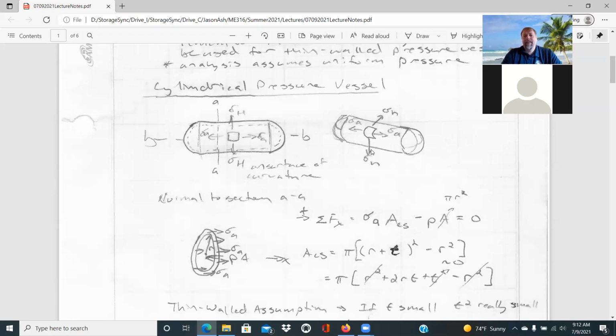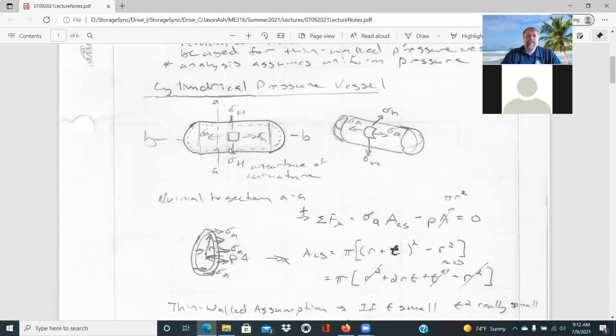The one good thing about that is pressure vessels are normally quite large. And so even though there's this curvature in there, as you go down to a smaller and smaller element, the curvature is negligible when you're looking at that small element. So that curvature doesn't really come into play in terms of the stress analysis.